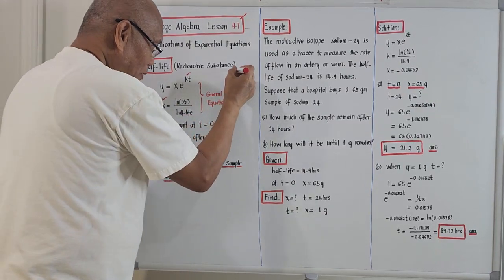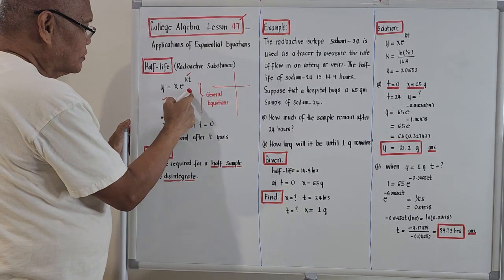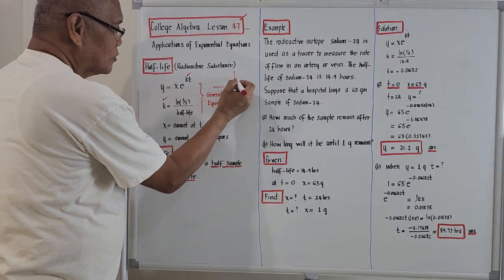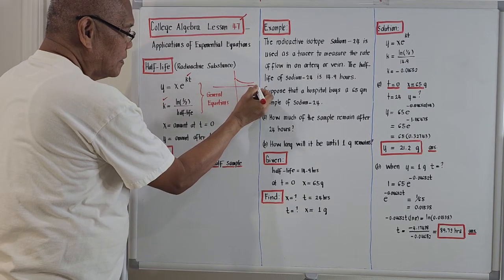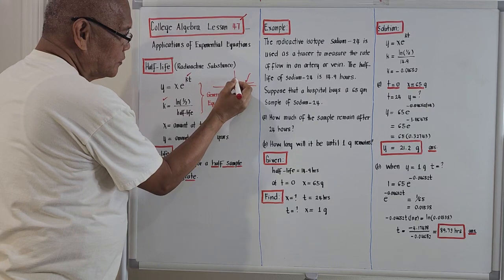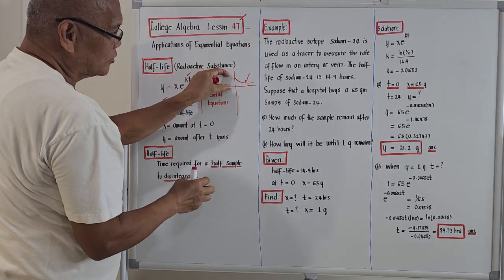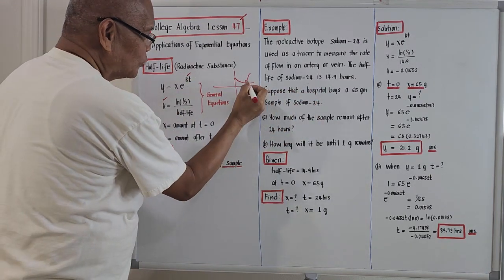The graph of this will be something like this at time t equal to 0. That's the graph. At a certain time, there is an amount of the radioactive material. But as time passes by, it will decay.